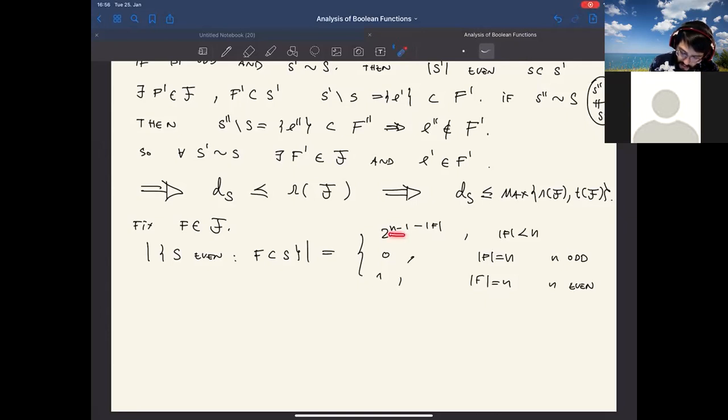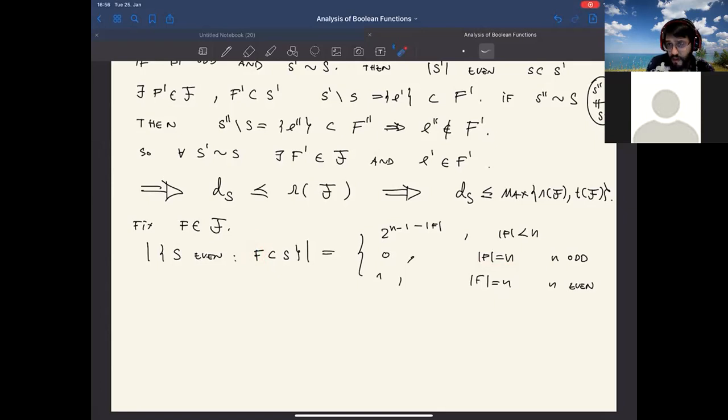Basically it's half of 2 to the n minus the cardinality of F. These are your degrees of freedom: you have all the possible sets of that cardinality you can add to your previous set F, but you also have to make it even.